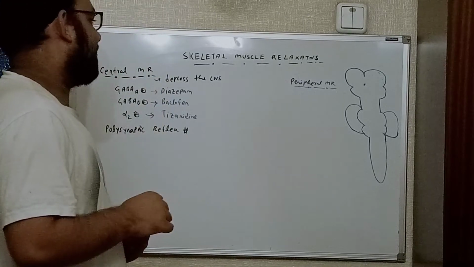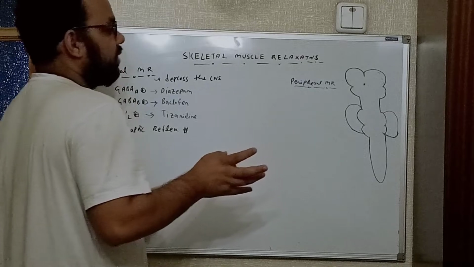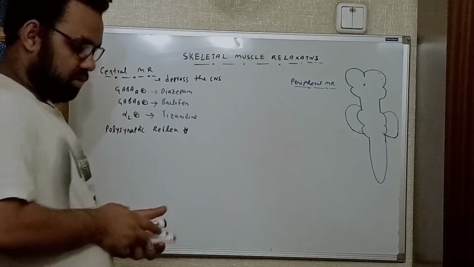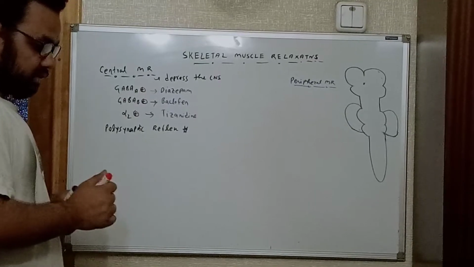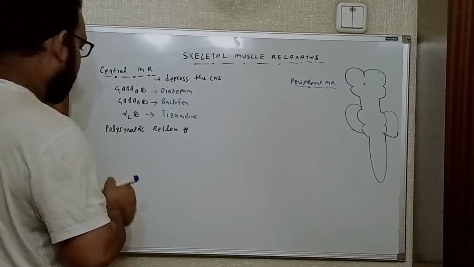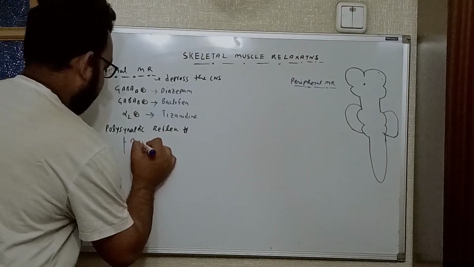In these cases, the neurotransmitter will not be able to go from the presynaptic membrane to the postsynaptic membrane. Some of the drugs we can use here belong to the group known as methocarbamol.